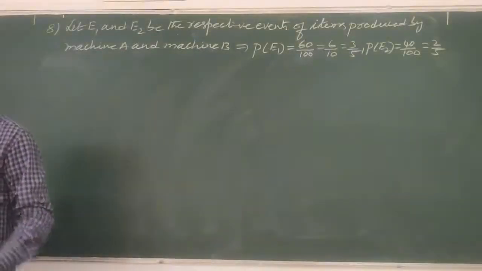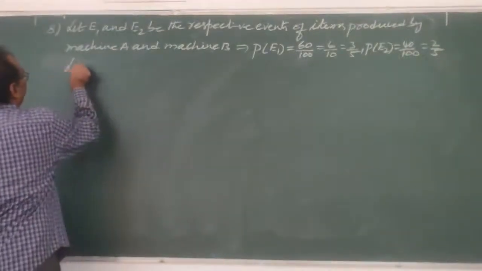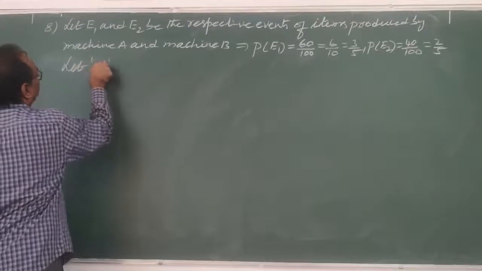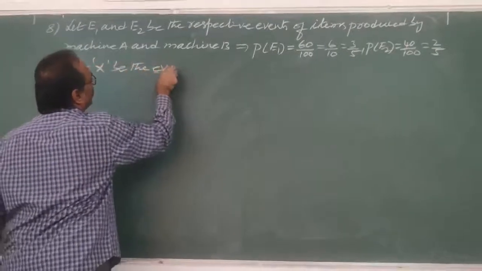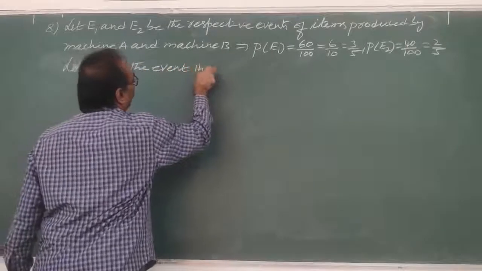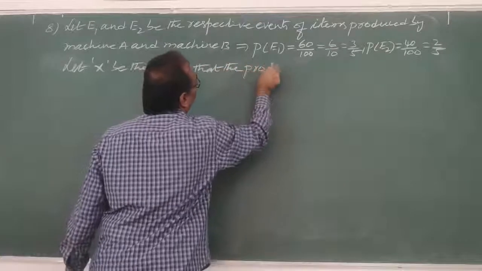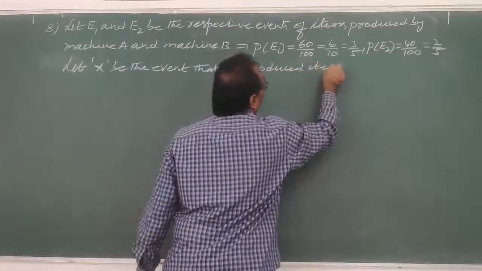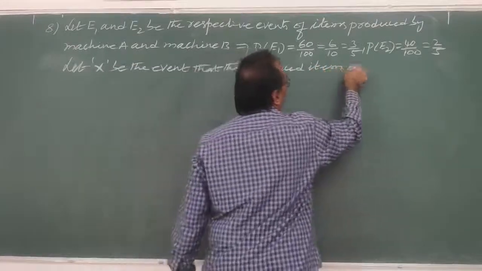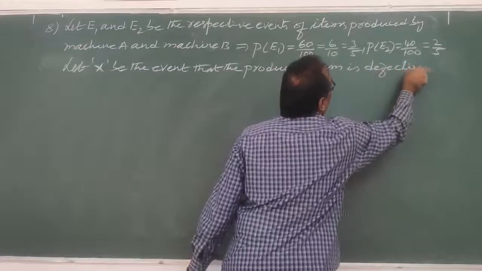Now let X be the event that the produced item is defective. He is asking defective, so it should be defective.